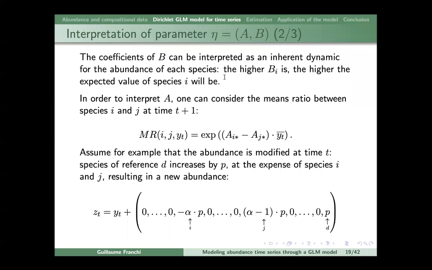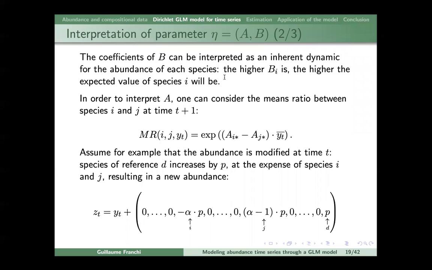Imagine now, with this means ratio, that I modify my abundance at time t, and I apply some perturbation on this abundance, and I increase the species of reference with a proportion p at the expense of species I and J. The other species, I don't touch them, but only species I and J are affected by this perturbation.